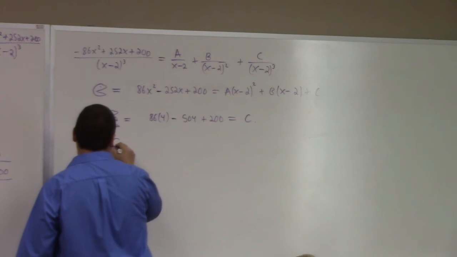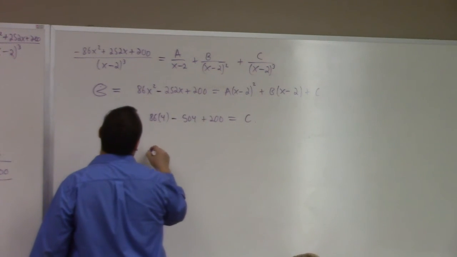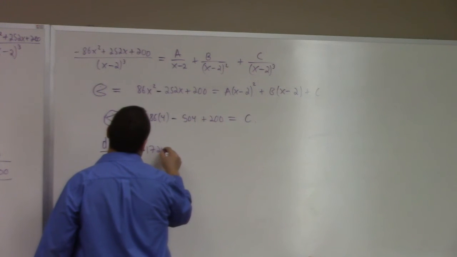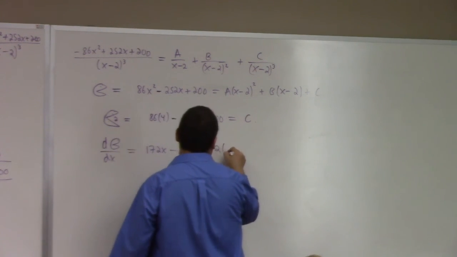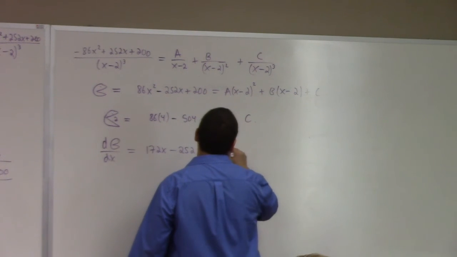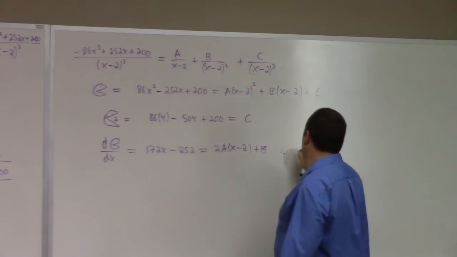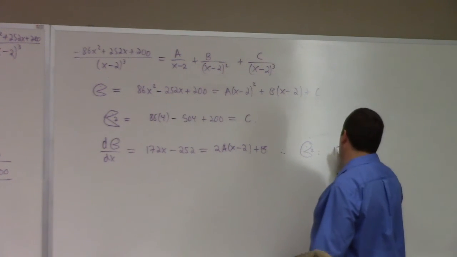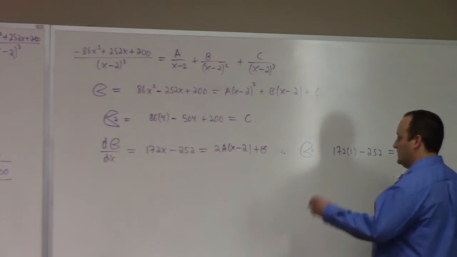Stick with me, guys. dP/dx is what? 2 times 86? 172x minus 252, and that's equal to 2 times a times (x minus 2) plus b, right? So therefore, if you feed P prime 2, what do you get? You get 172 times 2 minus 252 is equal to b.